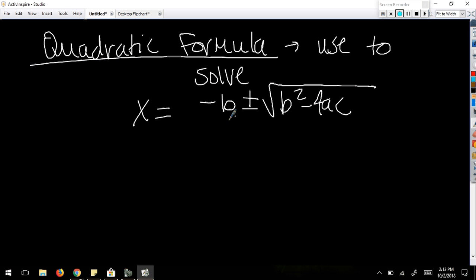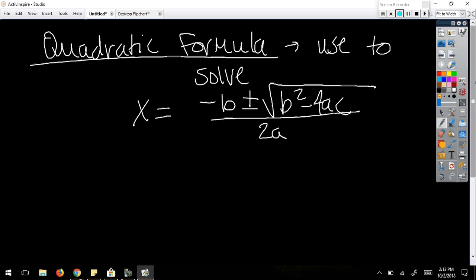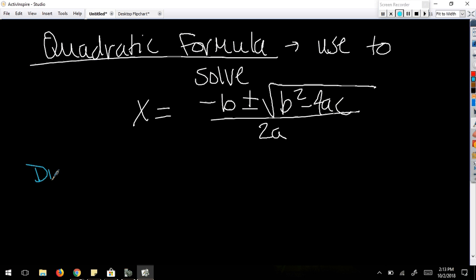Remember, you don't have to memorize this. You certainly can if you want to, but you don't have to.